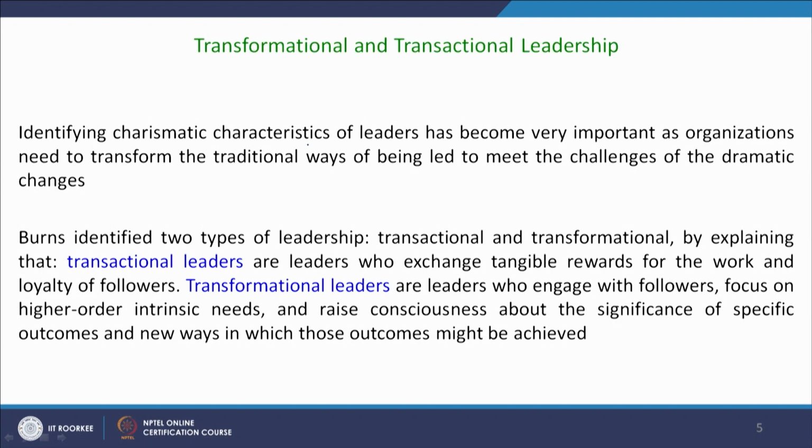No matter maybe the salary is not that high, but if the person has been considered based on his intrinsic needs, that he needs more recognition and he needs more acknowledgement for his performance, then it is termed as transformational leadership style. So, they focus on higher order intrinsic needs and raise consciousness about the significance of specific outcomes and new ways in which those outcomes might be achieved.